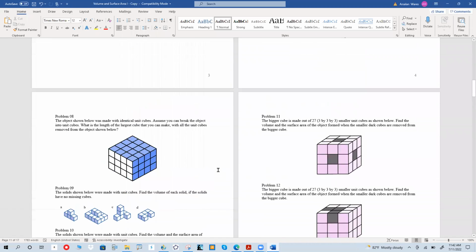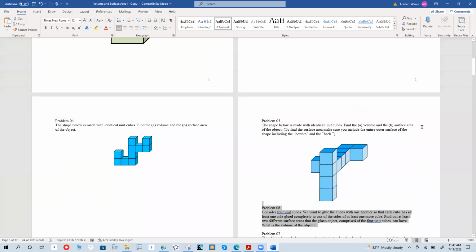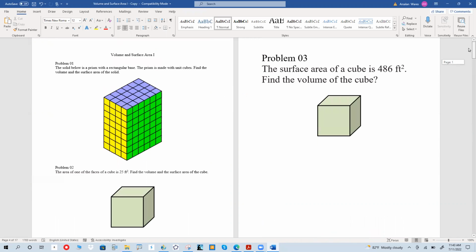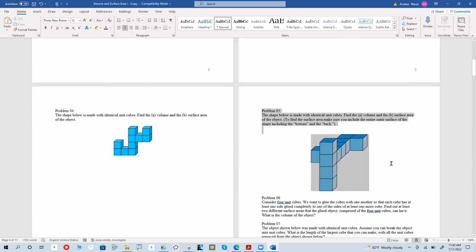Okay, guys, listen to me carefully. Let's read it. Consider 4 unit cubes when glued together. Let's try this one. Once again, guys, this one is not difficult. Well, I'll do this one, just for the heck of it. We did 3, so let's try this one. It's not difficult, but I'll do it.